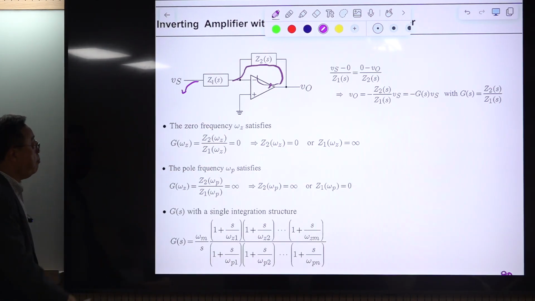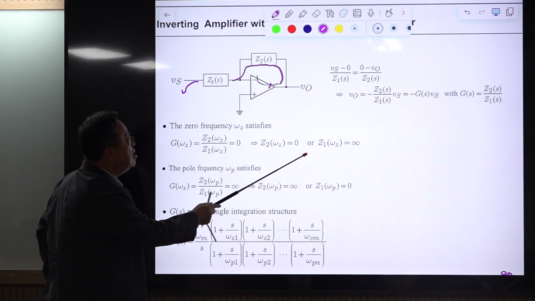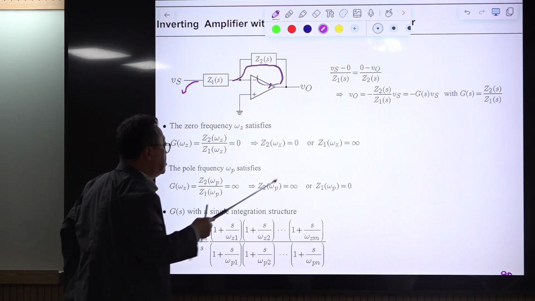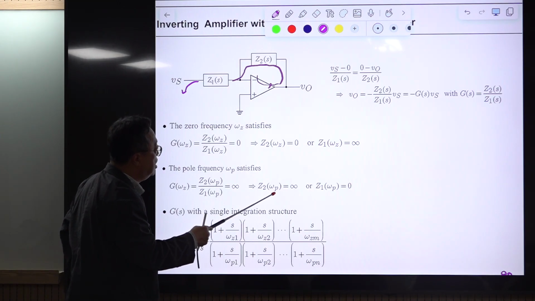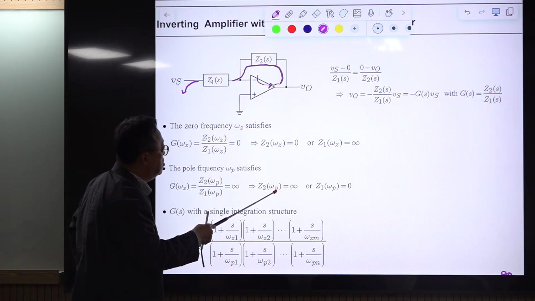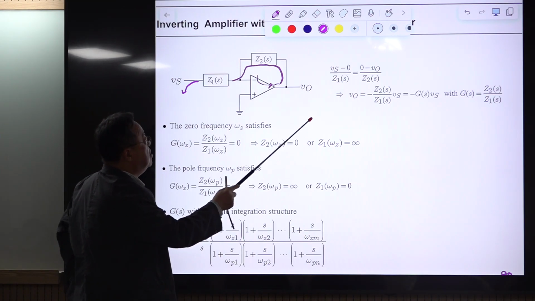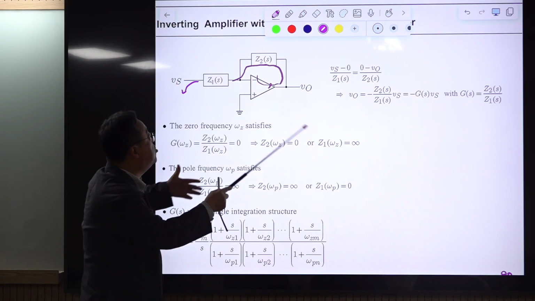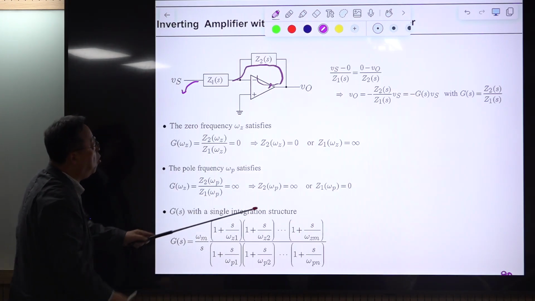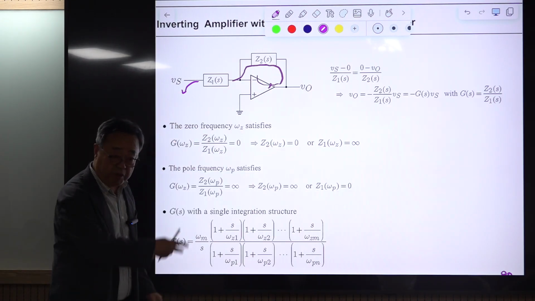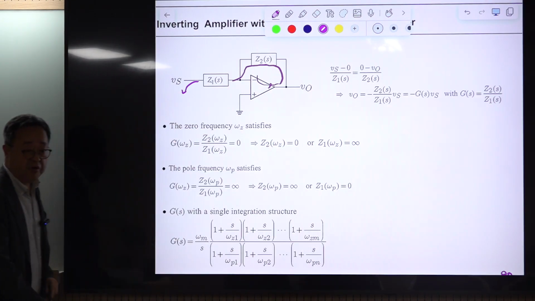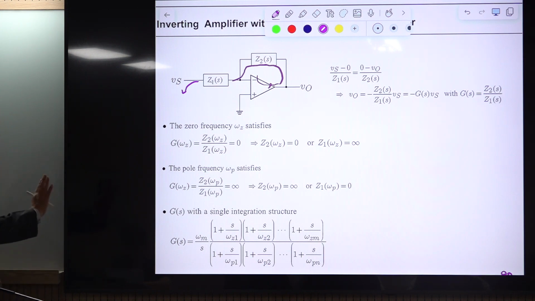And for the pole frequency, when G2 is at infinity at a particular frequency, that is the pole, because without any input, output will be generated. Or if this one becomes zero, that also becomes a pole because it comes in the denominator. We discussed this before.